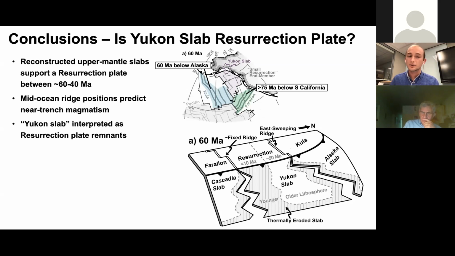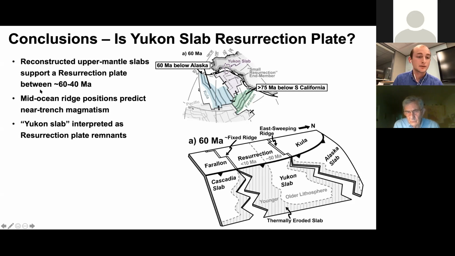So then in conclusion here, our reconstructed upper mantle slabs support the presence of a resurrection plate starting at around 60 MA and going into 40 MA. We can see here that our reconstructed Kula plate represents around 60 MA of subduction below Alaska, whereas the Farallon plate represents a little bit longer history of subduction, at least 75 MA of subduction below Southern California.